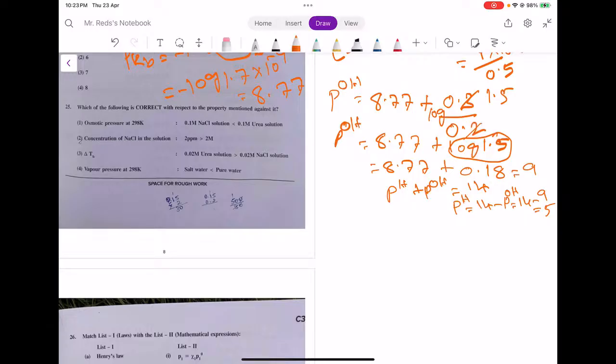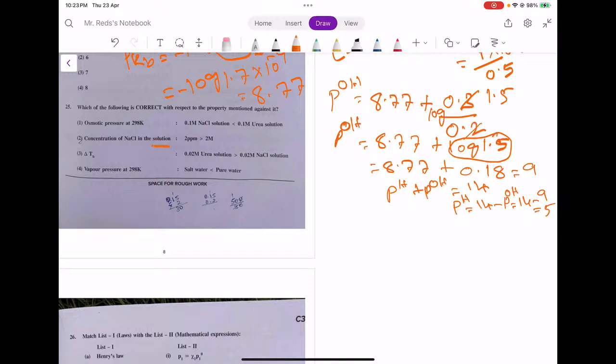See students, against it means wrong is asking.